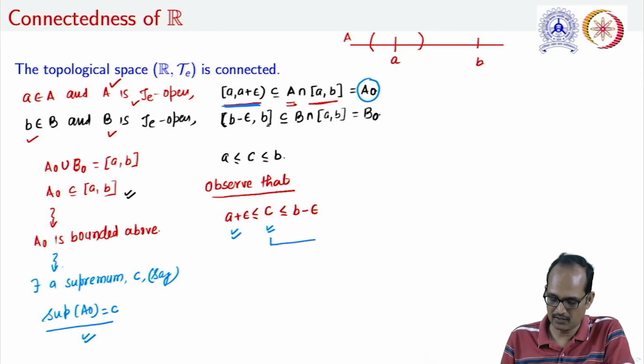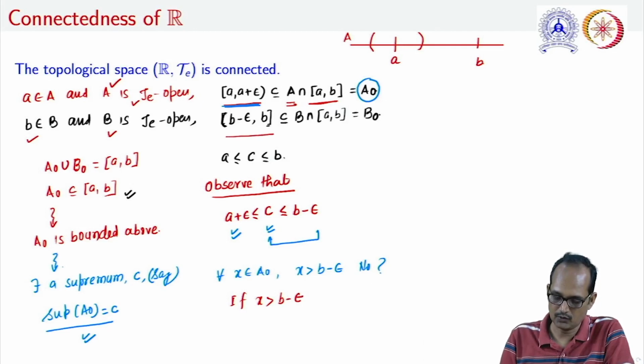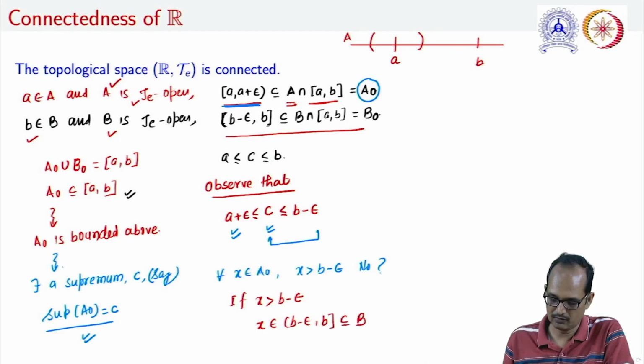Now, coming to this part, how is C less than or equal to b minus epsilon? Note that if we take any x belonging to A naught, the question is whether this x is greater than b minus epsilon. Answer is no. Why? Because if x is greater than b minus epsilon, then x belongs to (b - epsilon, b], which is a subset of B naught, that is, x will be a member of B naught.